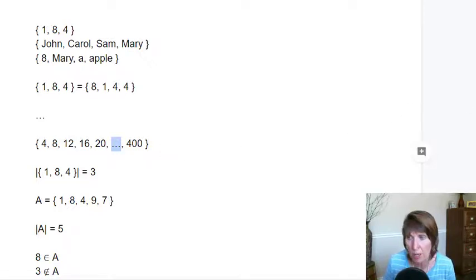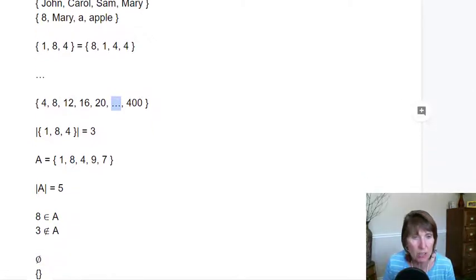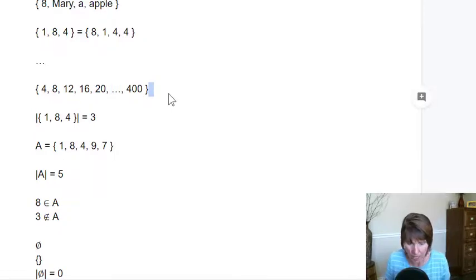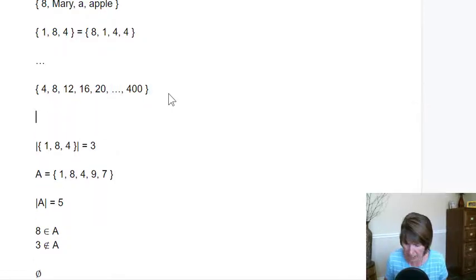Well, there's another way that we can do it, and that's called set builder notation. With set builder notation, you say this set equals, and you still use the curly braces to identify what's in the set.